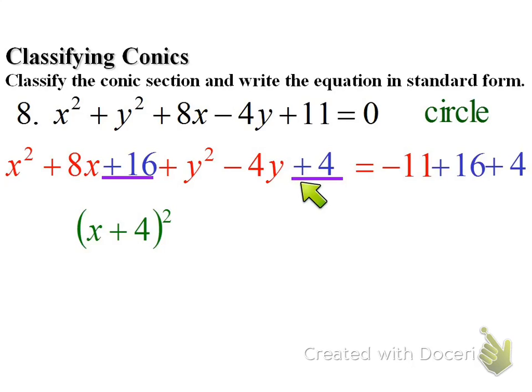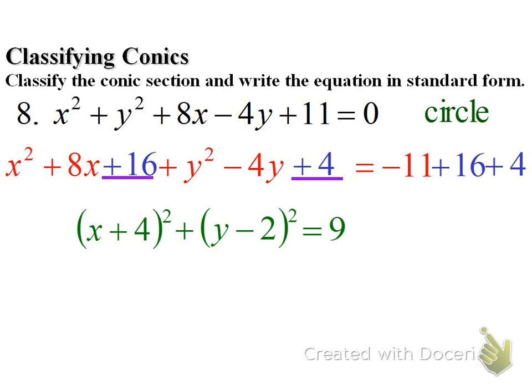Now, what multiplies to 4 and adds to negative 4? Negative 2 and negative 2, right? So this is going to factor to y minus 2 times y minus 2, or y minus 2 squared. Remember, this process is called completing the square because it always makes them factor into a perfect square like these. Okay?